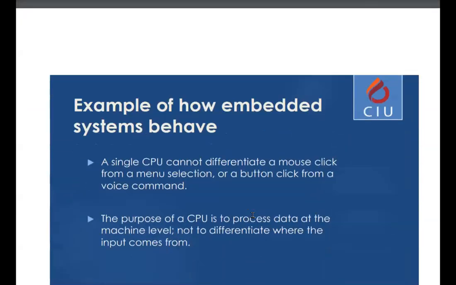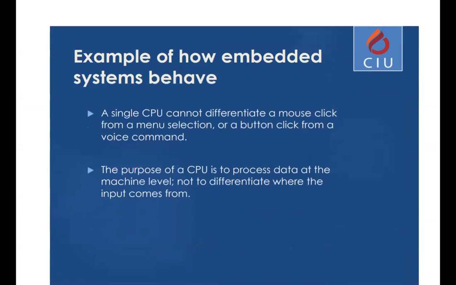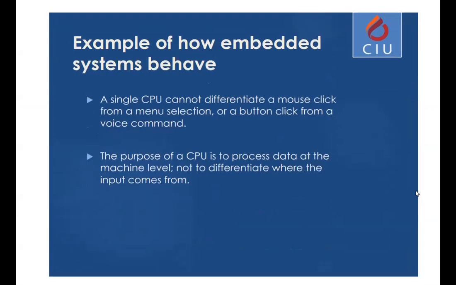This creates some sort of complication. A CPU cannot differentiate, for example, a mouse click from a menu selection or a button click from a voice command. They are all the same to the CPU. And for an embedded system, this might create some problems. So it goes against what we mentioned in the MVC.